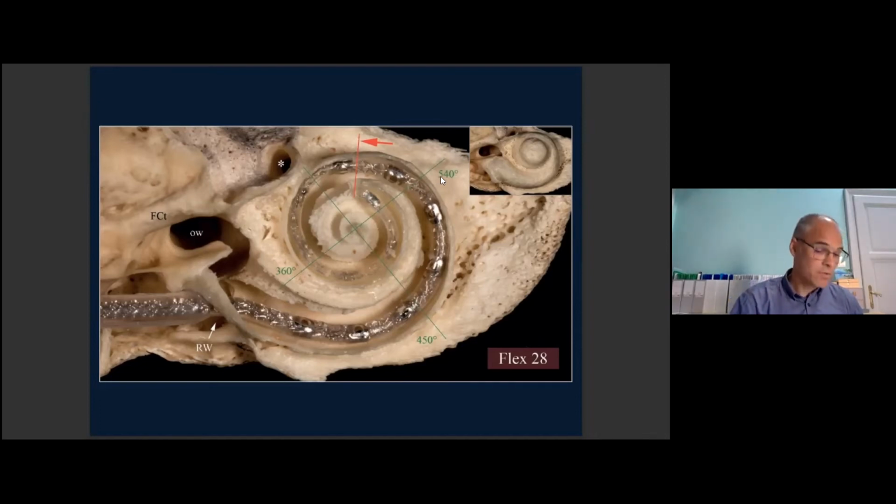So, a few pieces of information which are important to understand the temporal bone anatomy. This is not complete, of course. This is a huge topic.